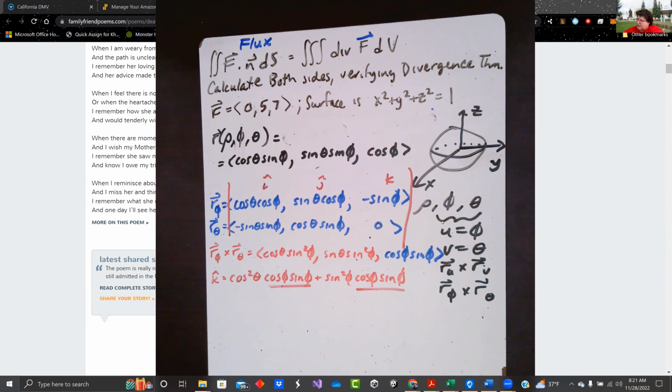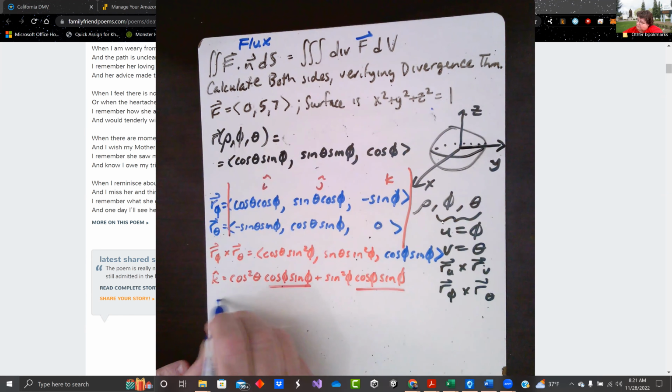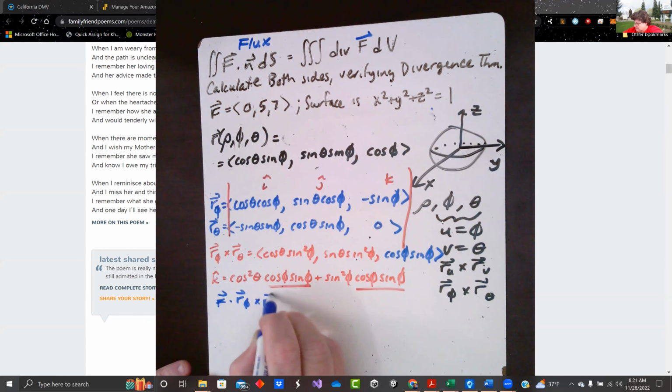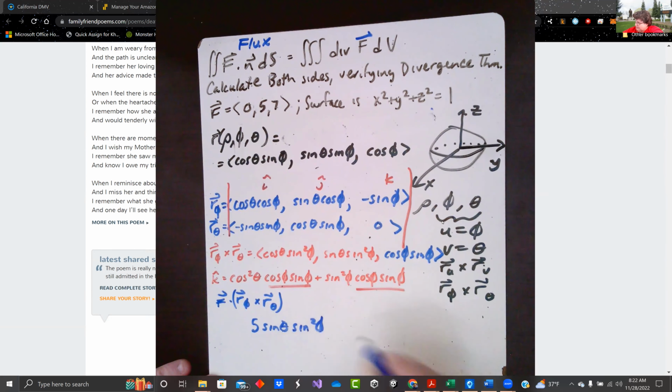All right, so we have F dotted with that. Which means we've got 5 sine phi or sine theta, sine squared phi, plus 7 cosine phi, sine phi.